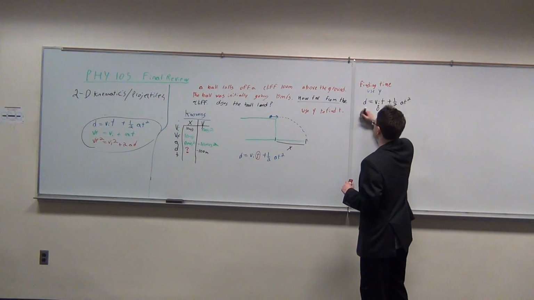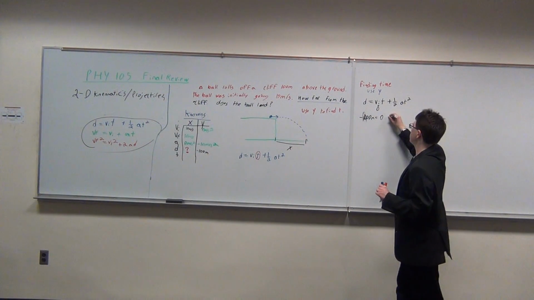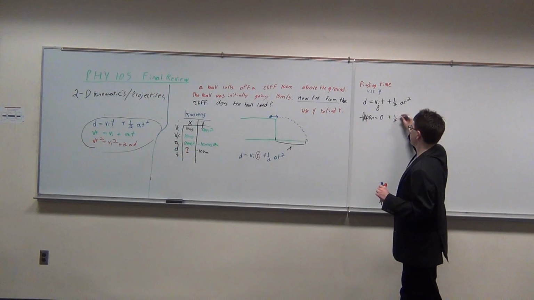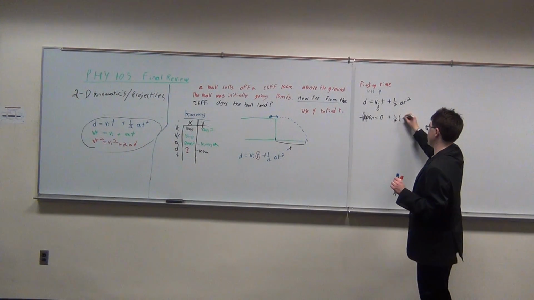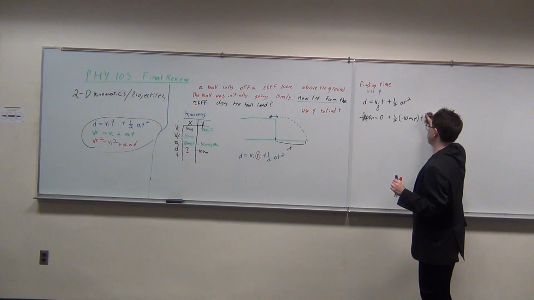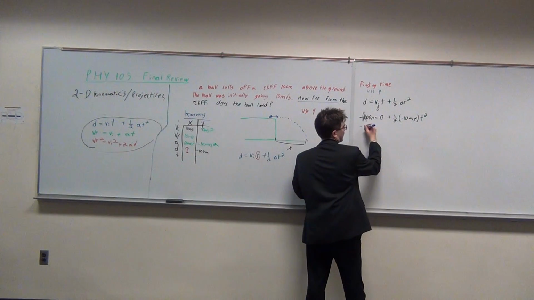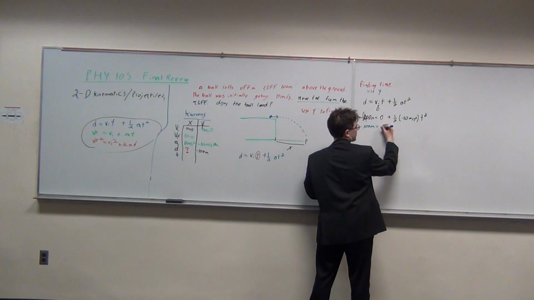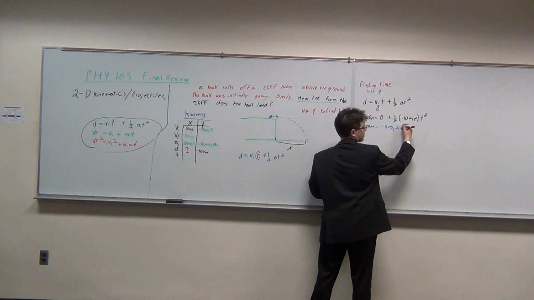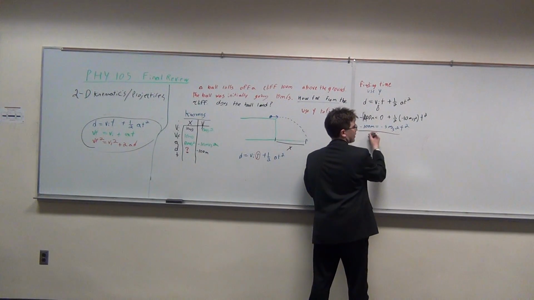So distance, negative 100 equals 0 plus 1/2 acceleration, negative 10 times t squared. This leaves us with negative 100 meters equals negative 5 meters per second squared times t squared. Divide by negative 5.